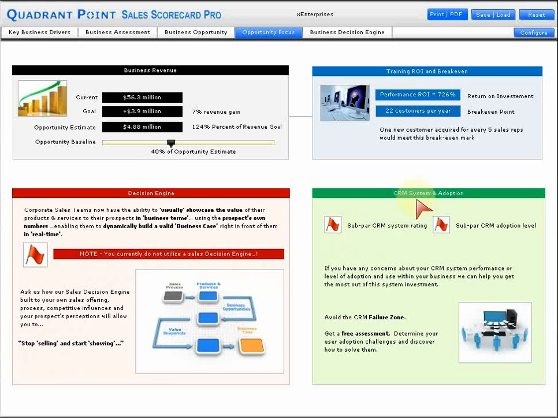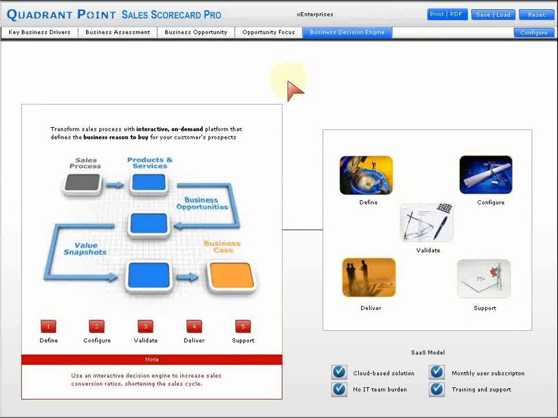Similarly, CRM system and adoption, subpar CRM system rating as well as adoption level. We can help on either of those cases to help you help your customer build a decision engine or help with CRM system selection, even all the way through to adoption. And at the end of the day, the building of a decision engine is really this straightforward.